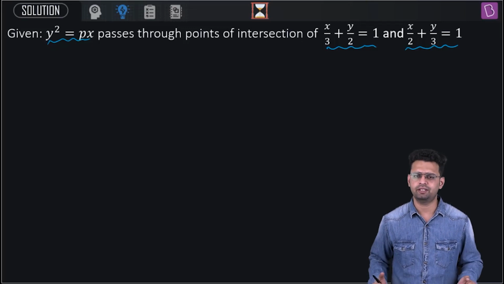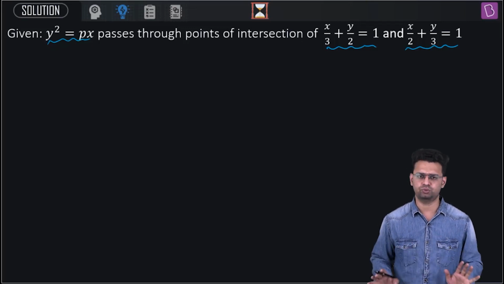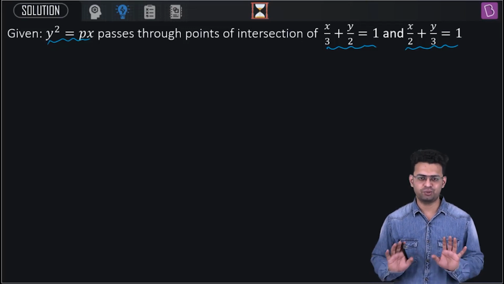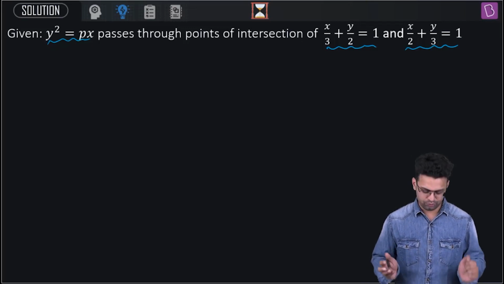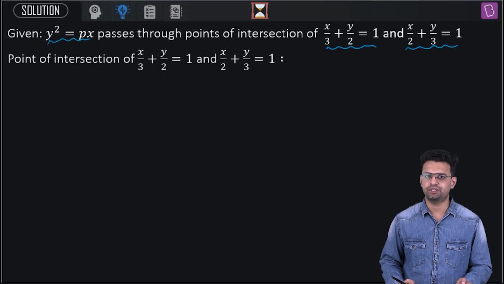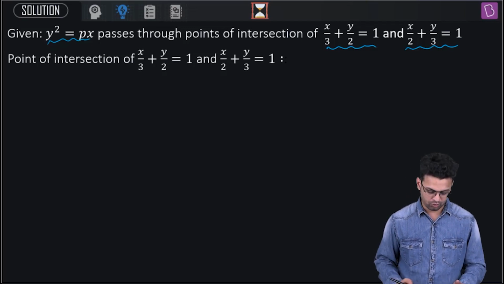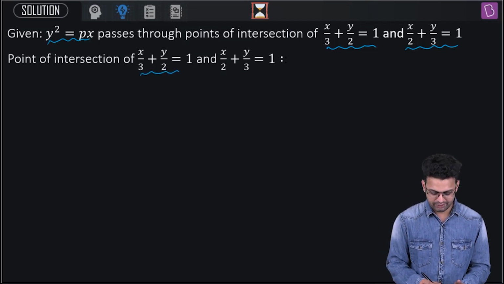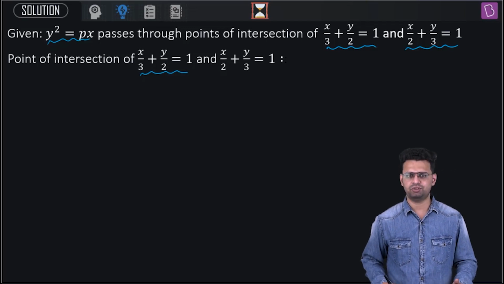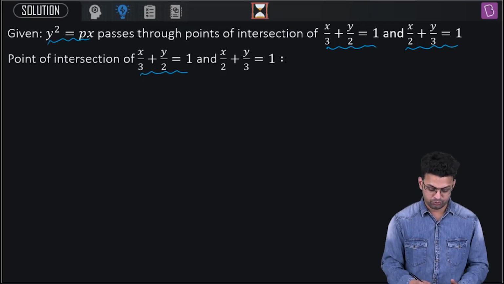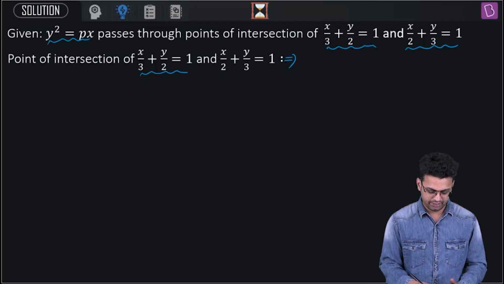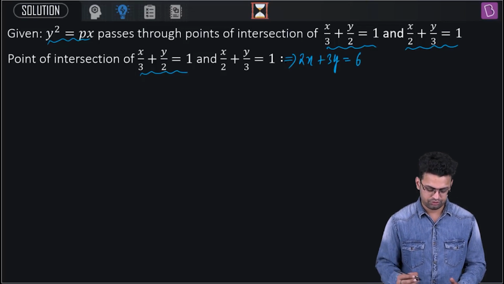How are we going to determine that point of intersection? Everyone knows, correct? Yeah, we are going to solve both these equations simultaneously. So if I consider this equation, what is written here is x upon 3 plus y upon 2 is equal to 1. If I further simplify it, what I'll get is 2x plus 3y is equal to 6, correct?